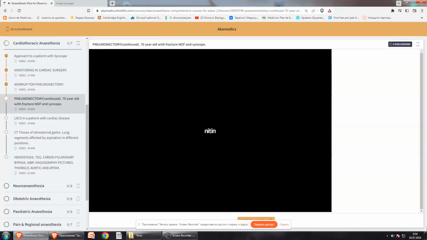Before electrically cardioverting? Yes, I will check all the investigations, and especially the electrolyte correction. Potassium is very important, and magnesium. I will correct the electrolytes before going for the cardioversion. Second, the most important thing is to check the echo and see if any clot is there, because unnoticed atrial fibrillation may have been present previously.